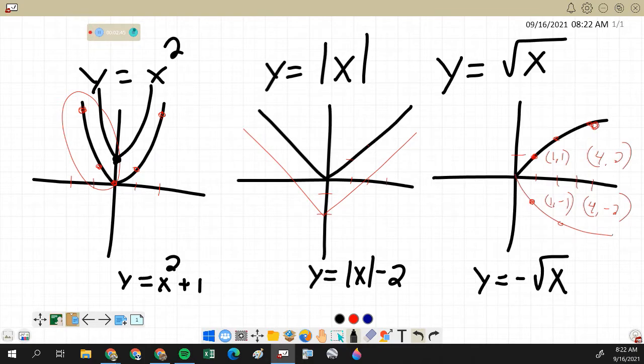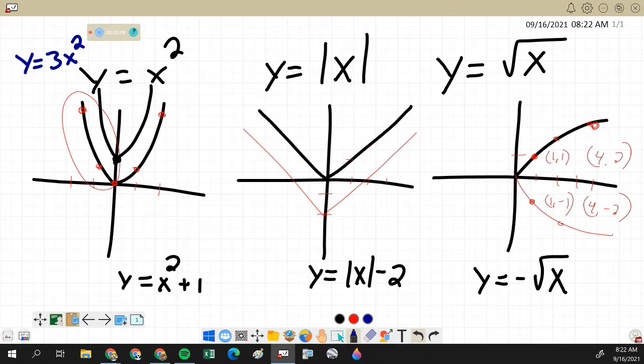Okay. What about y equals 3 times x squared? What is that going to do? Well, you take the y values and you times them by 3. Do you guys understand that?